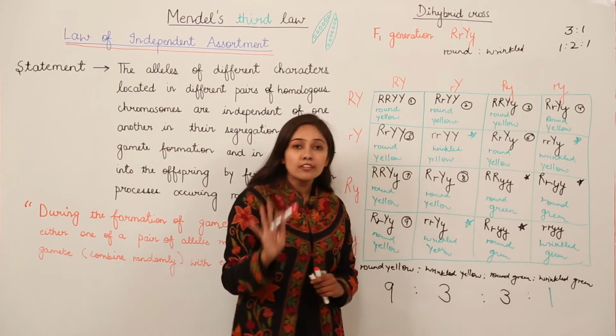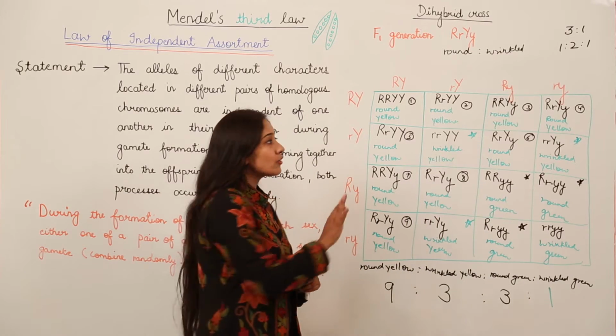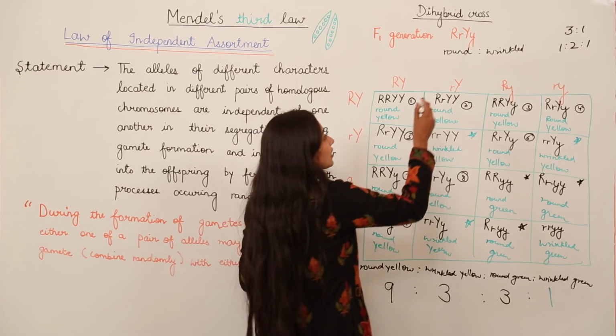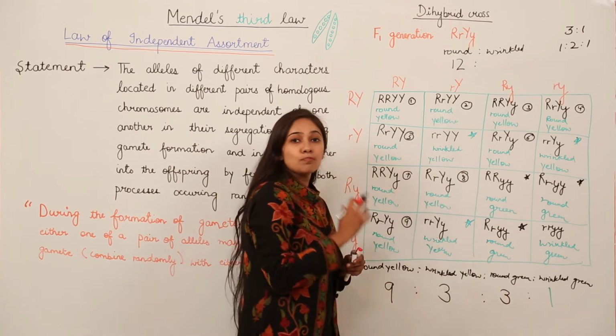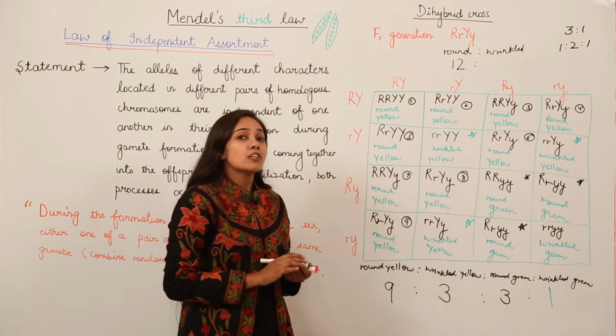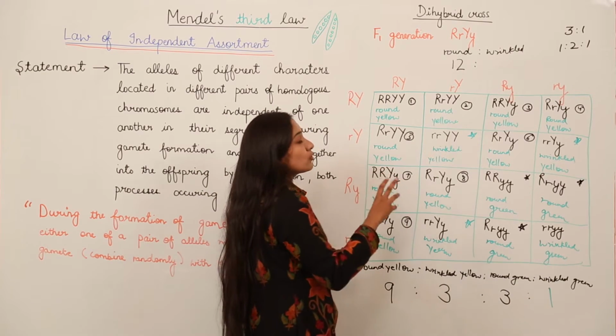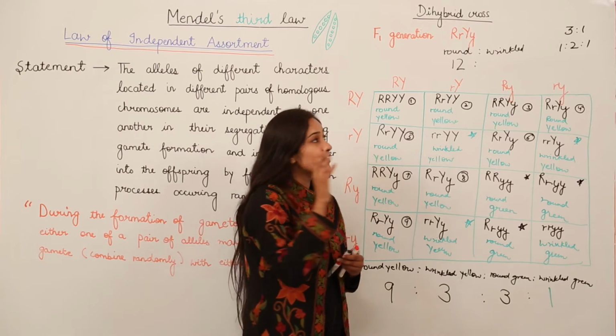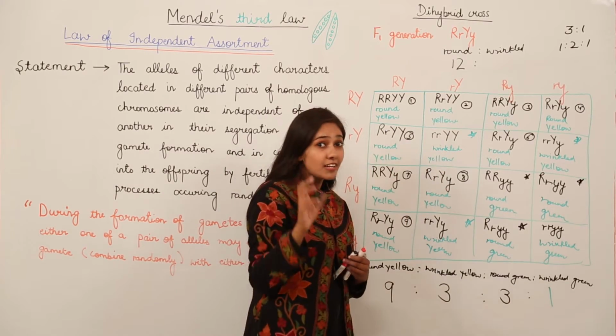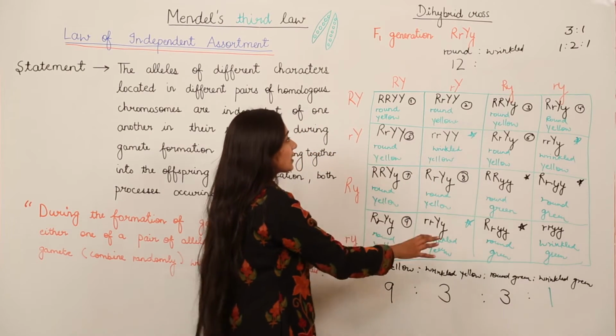So we have 12 combinations out of the 16 that are going to be round from the outer appearance. Superficially, when you look at them, 12 out of the 16 are going to have a round seed shape. Remember, I am going to tell you something very amazing, so please look forward to it.